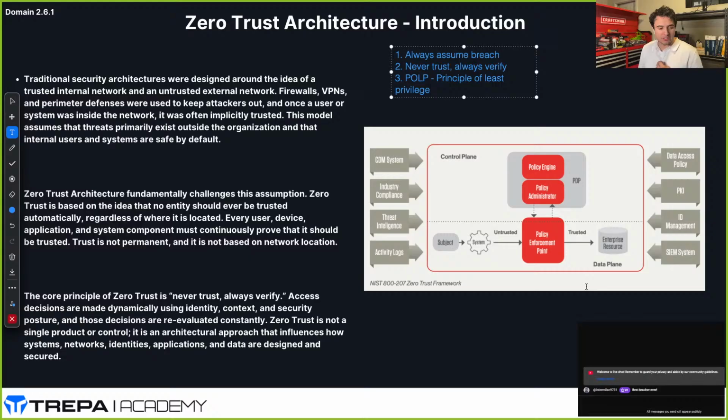So you see all these things on the side here that are going into our zero trust architecture. And then we do a little diagram here. This control plane is everything we configure that's going to be applied. That's the policy decision point to our policy enforcement point, whatever that is. That could be a CASB. That could be a Palo Alto firewall. That could be a host of different authentication and authorization services like Active Directory, Entra ID, Intune, TACACS, RADIUS.